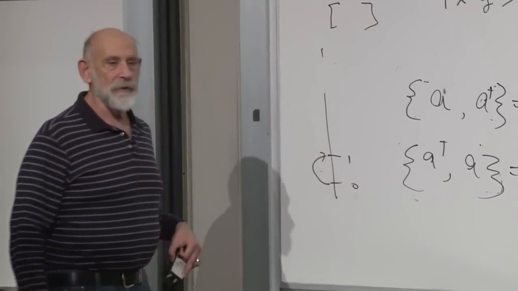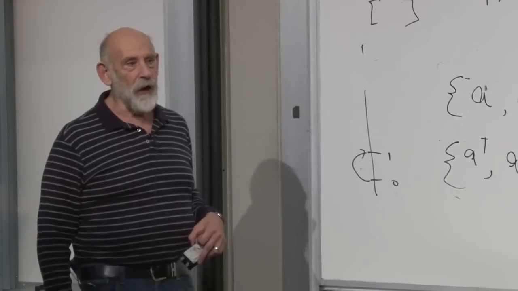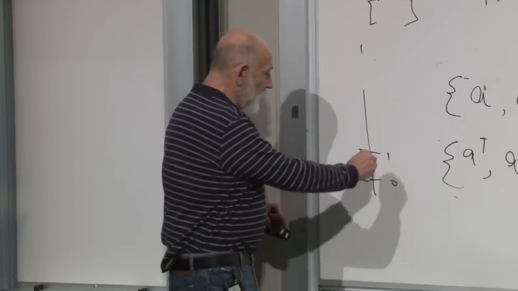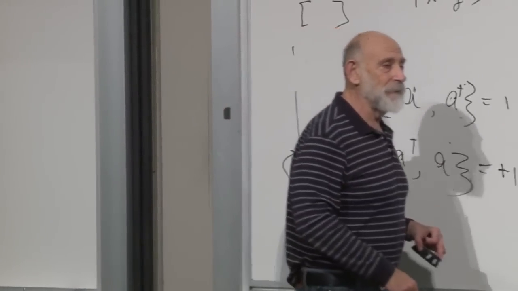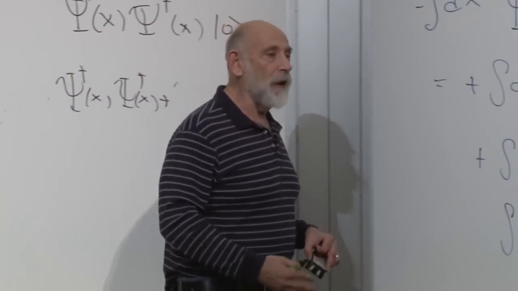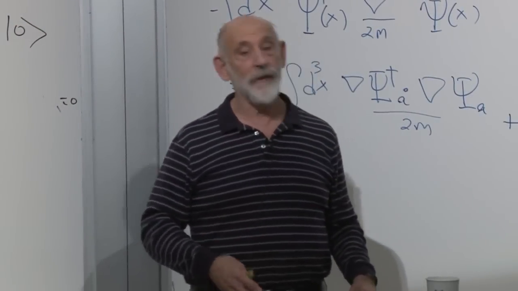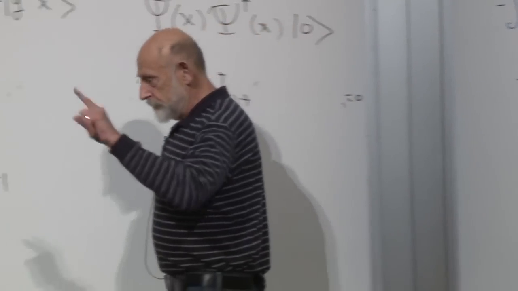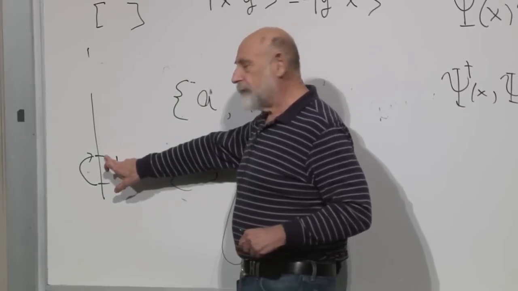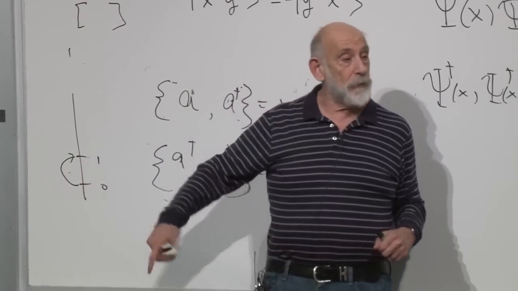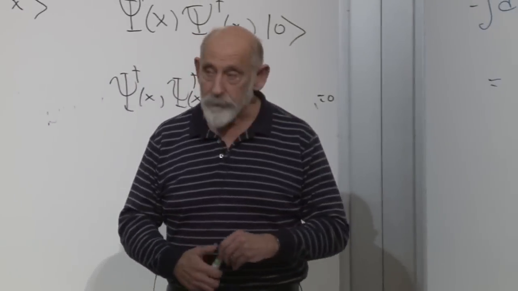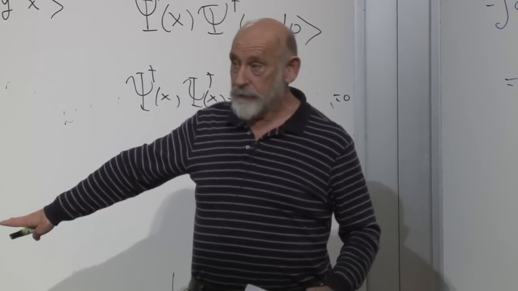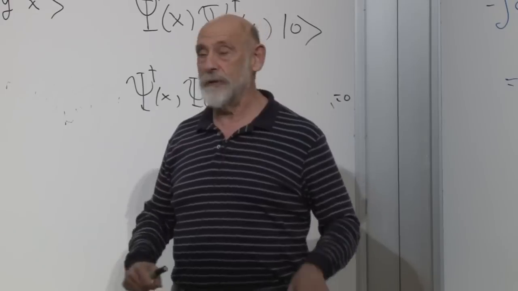But what does it do when it hits 1? No state there. It annihilates the state, right, 0. On the other hand, the annihilation operator takes you down. If there's a particle there, sure enough, it can take you down, but if there's no particle there, end of story, you annihilate the state. So there's a complete symmetry between being empty and being filled, and you can replace creation operators by annihilation operators. Now that doesn't mean they're physically the same. It just means that in the algebra and the mathematics, the symbols, you can't tell one from the other.